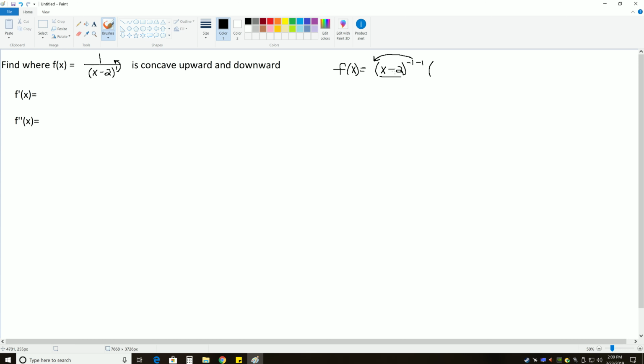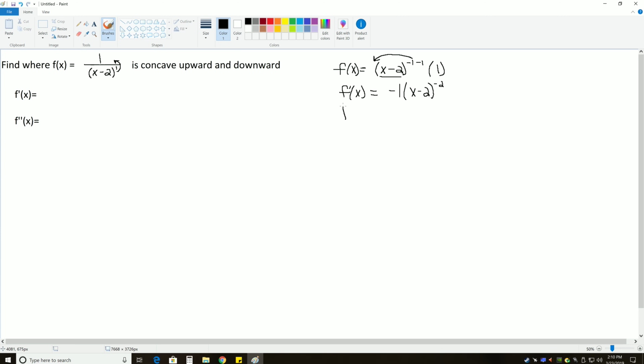So x minus 2's derivative is just 1, so we're multiplying this entire thing by 1. We're going to get exactly what we had before. So we get f prime of x is equal to negative 1 times the quantity of x minus 2 to the negative second, all times 1, which means it's just going to stay the same.